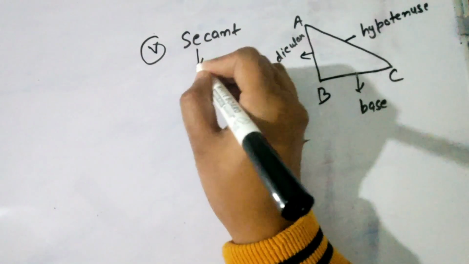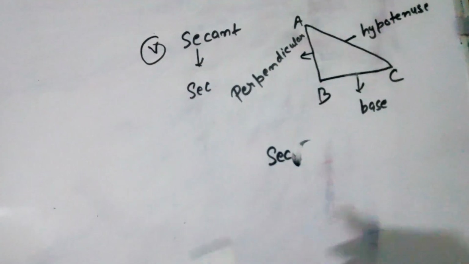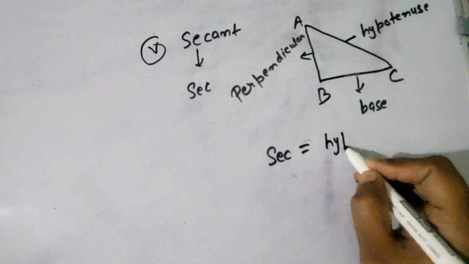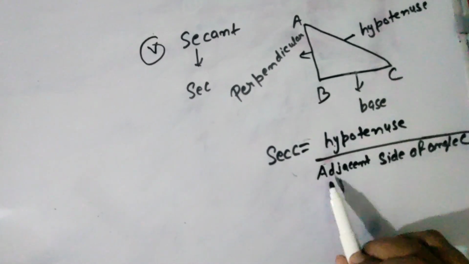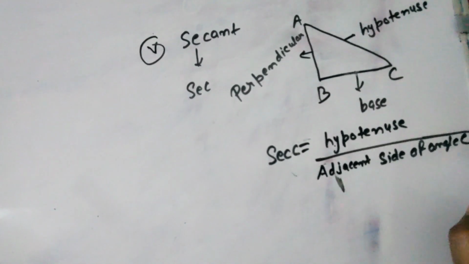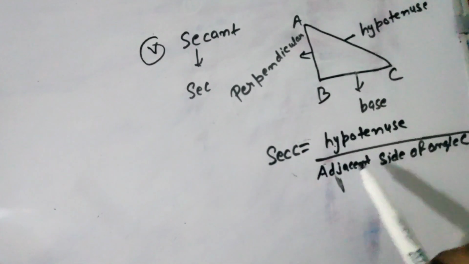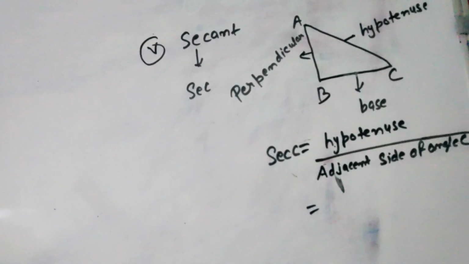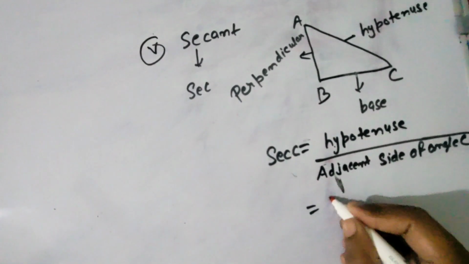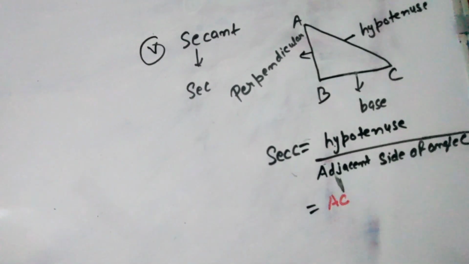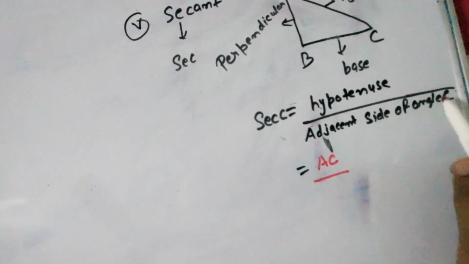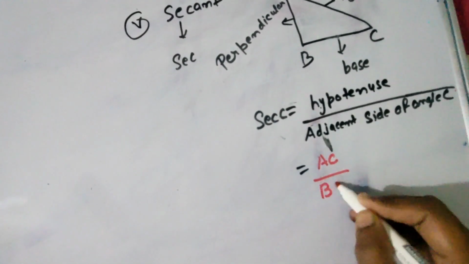What is the sec formula? Hypotenuse by the adjacent side of angle C. Hypotenuse here is AC, and the adjacent side of angle C is BC.